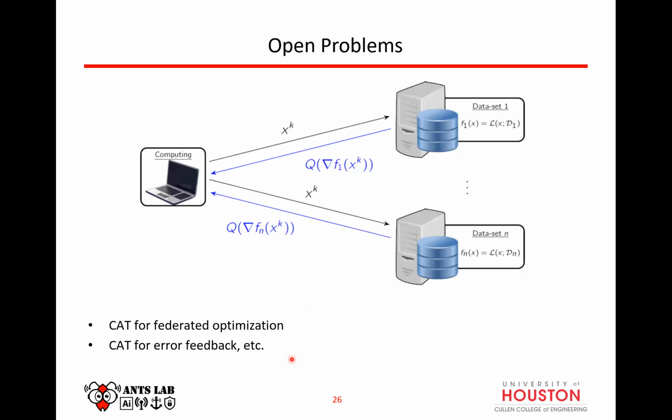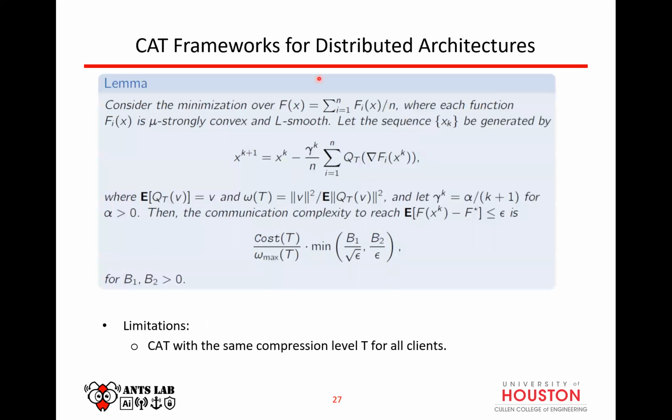However, they do give us a theoretical analysis of how the CAT would behave when you use a distributed architecture. They gave a couple of lemmas and what kind of communication complexity can be reached. They also introduced some constants, and they show that their method can be extended in a theoretical way to distributed architectures. However, they say that the current scope is that the compression level you're choosing would be the same for all clients.